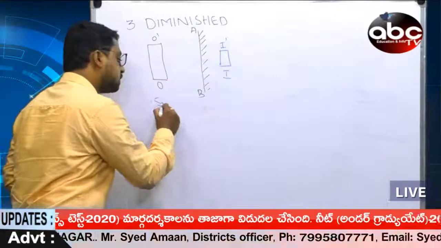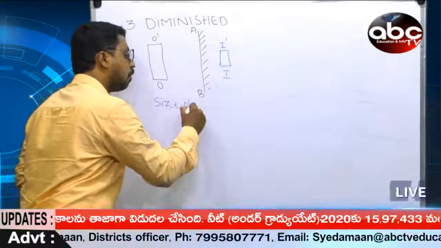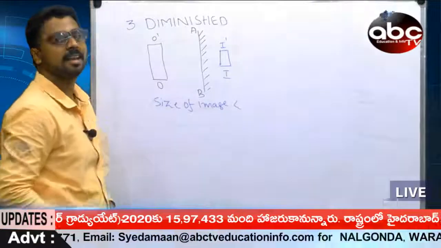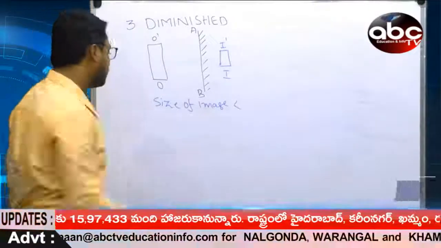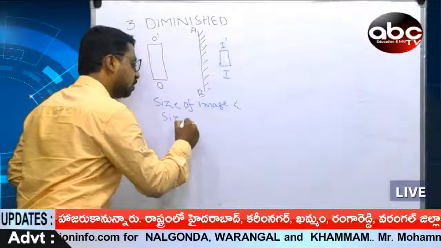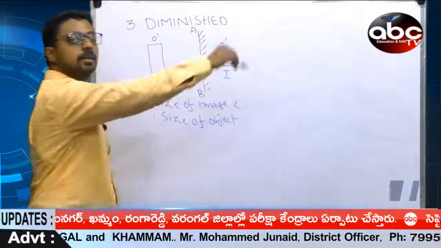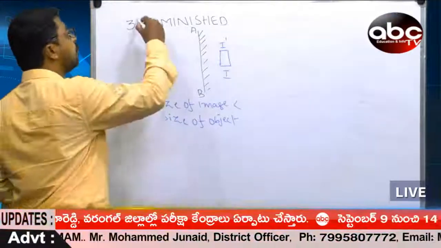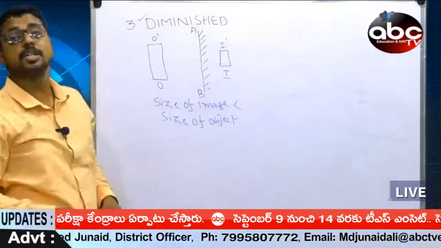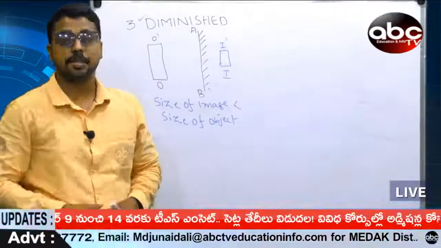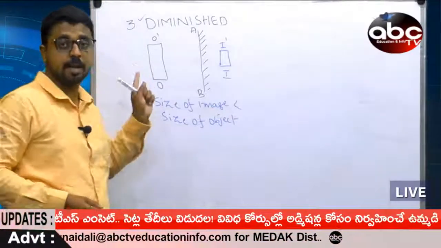Therefore, the size of image is less than size of object. Such types of images are called diminished images. What are they called? Diminished images. This is a point you have to definitely remember.